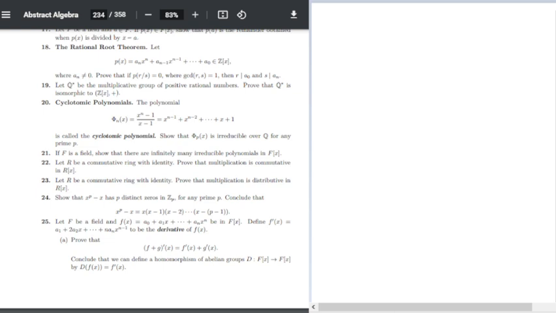Alright, cyclotomic polynomials. This actually does come up later on in Galois theory, so I will pay closer heed to it this time than I did that time.